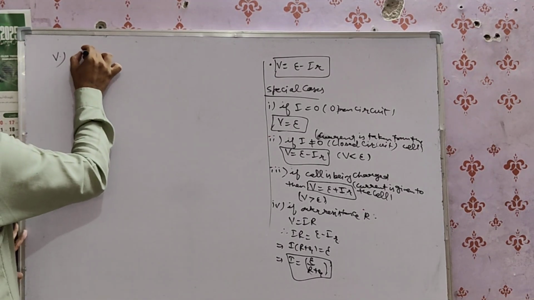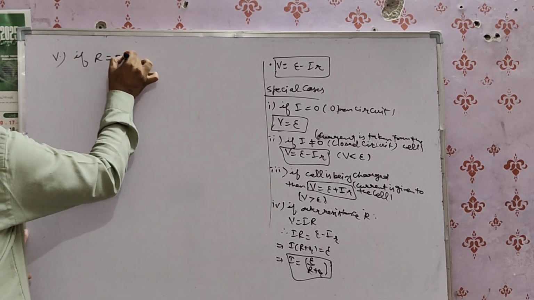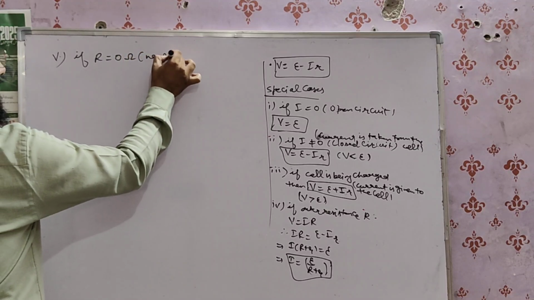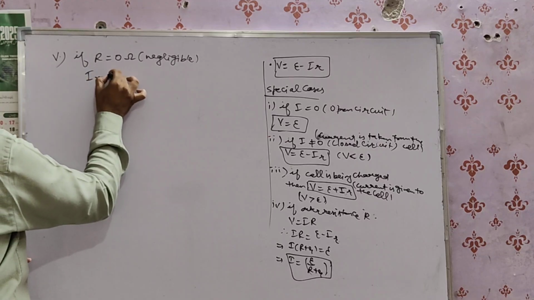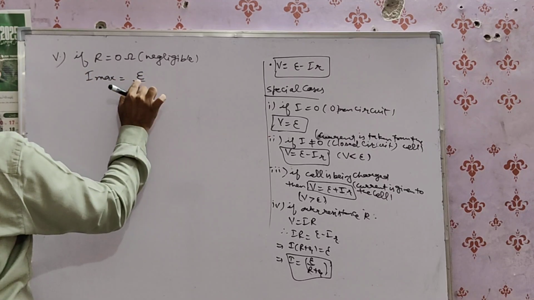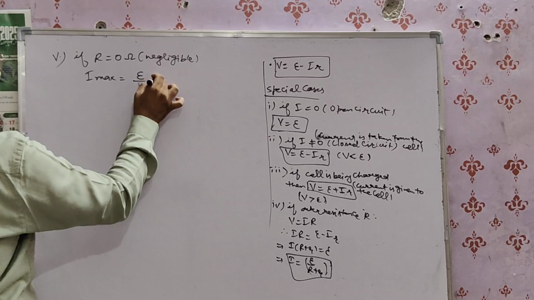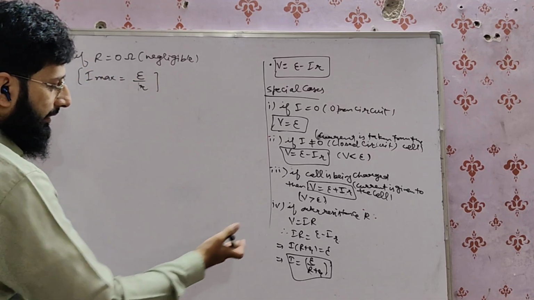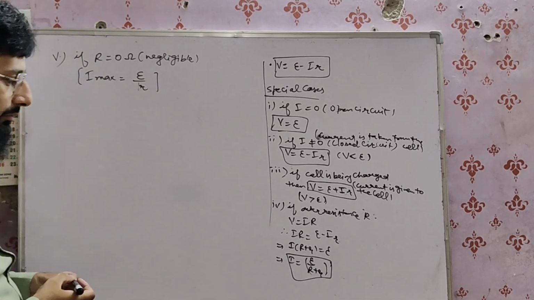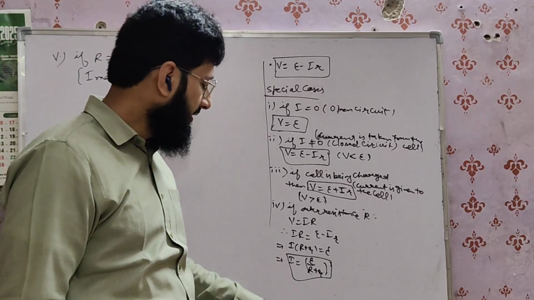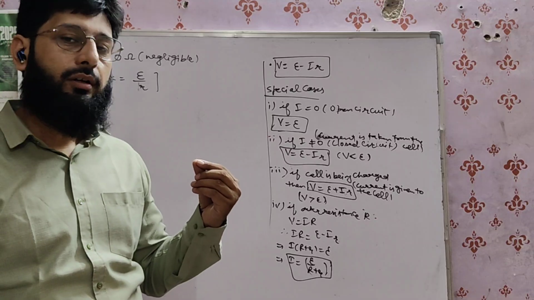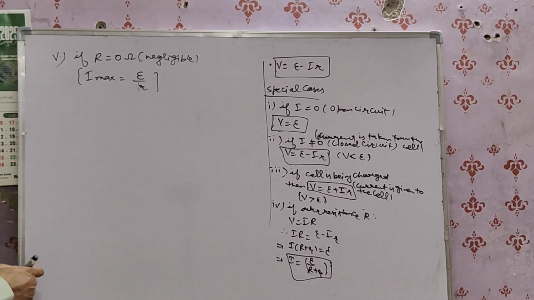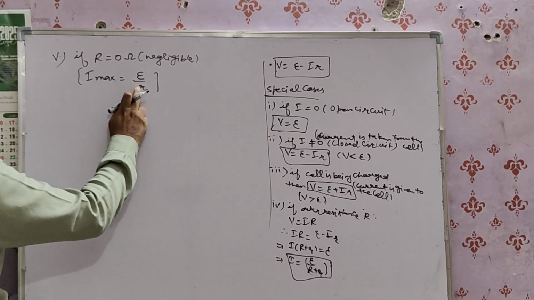Now further, if outer resistance is 0 or negligible, then what will happen? Current will become maximum, and this is I max is equal to E by r. The same formula here, but in the next case capital R is 0. So if outer resistance is negligible or 0, then maximum current will flow.